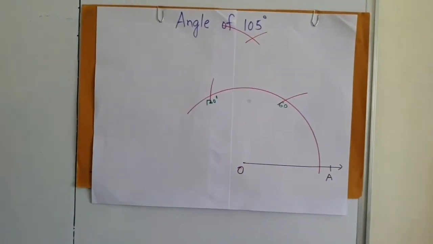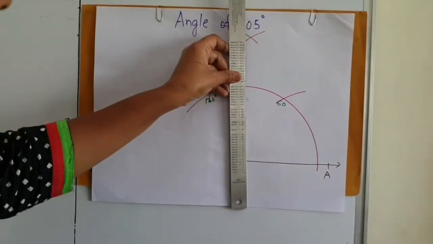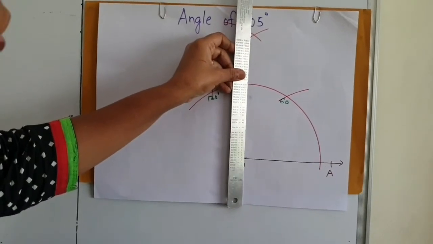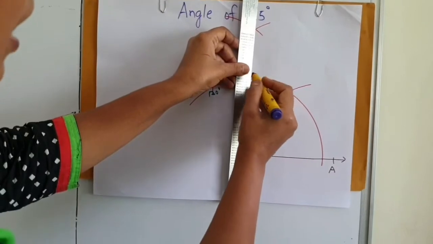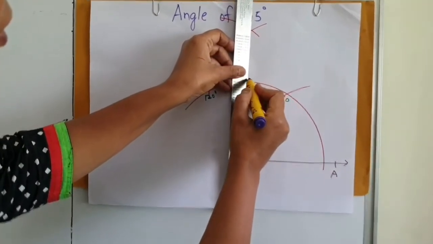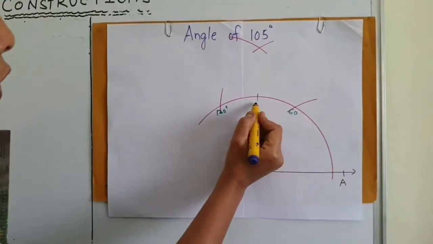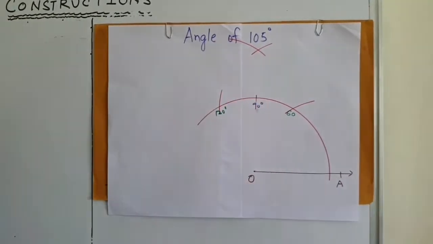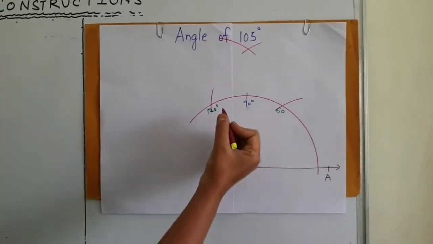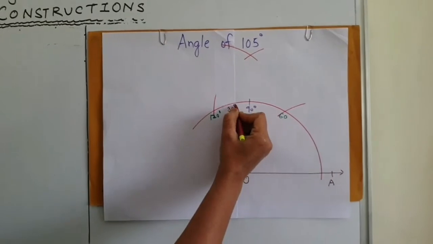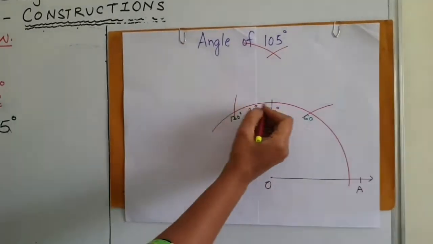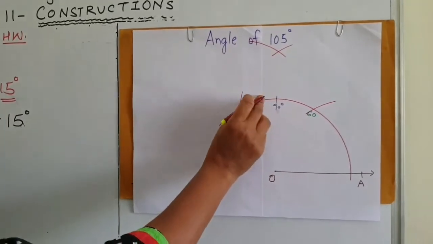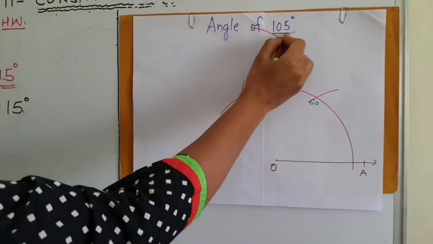So this is how we get 90 degree, from O to the intersecting point which will cut the arc here at this point. And now you know 120 minus 90 is a 30 degree arc. Half of that will be 15 degree, which means 90 plus 15 will give us 105 degree.